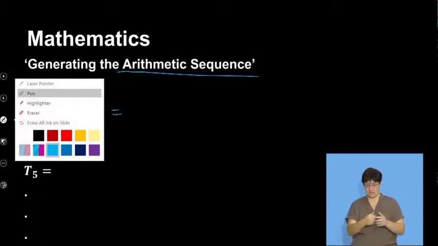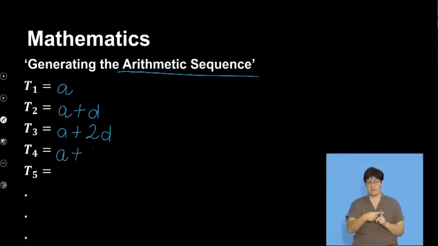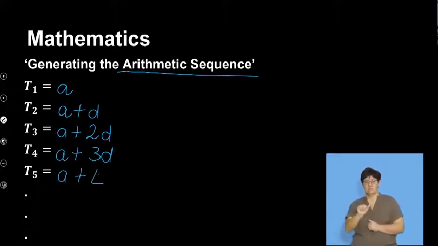So I actually don't need that other equal sign over there. If I'm looking at term 3, it's going to be A plus 2 differences, because I have now said it's A plus a difference plus another difference. Term 4 will be A plus 3 differences. Term 5 will be A plus 4 differences.